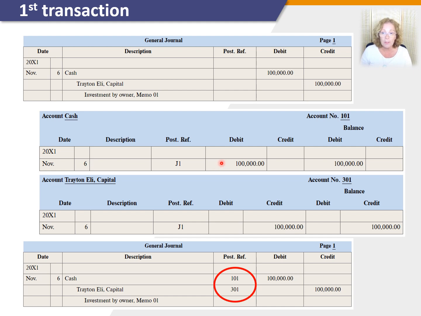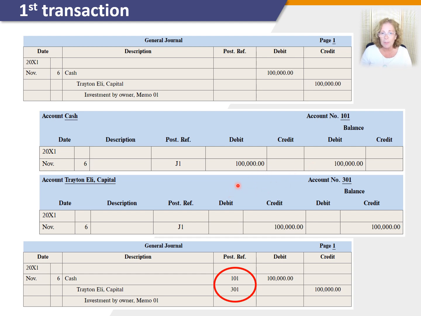This was the first transaction for Eli's Consulting for this account. Therefore, there is no prior balance for the bank account, and we write the balance of $100,000 into the debit balance column. Our next step is to post the credit of our journal entry to the Trayton Eli capital account.